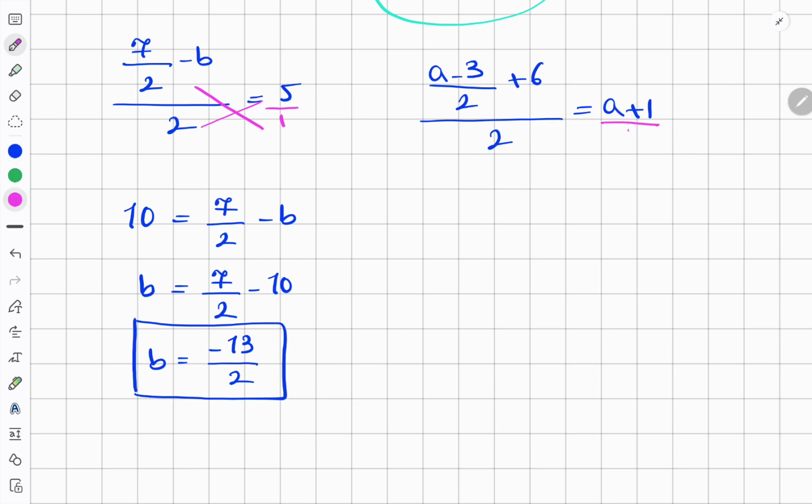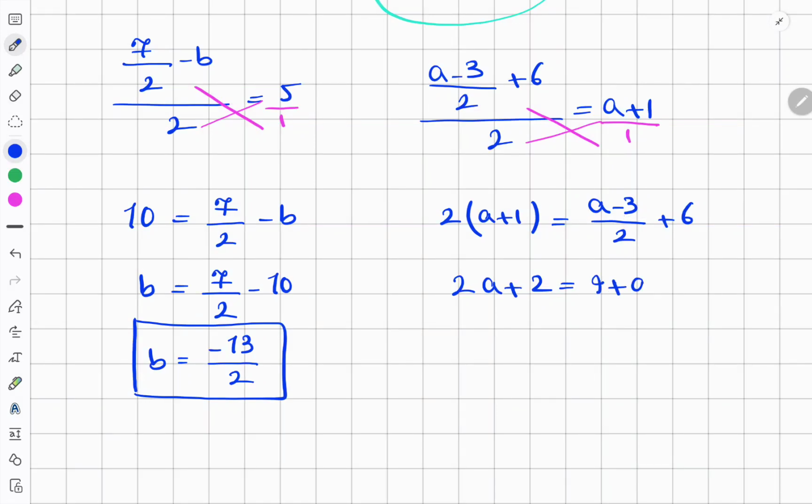And the same story for this. Cross multiplication. So 2 times (a + 1) equals (a - 3)/2 plus 6. So 2a plus 2 equals 6 times 2 is 12, 12 minus 3 is 9.